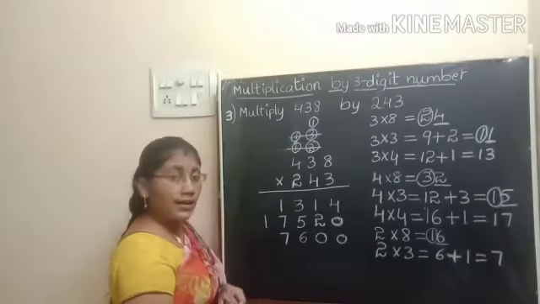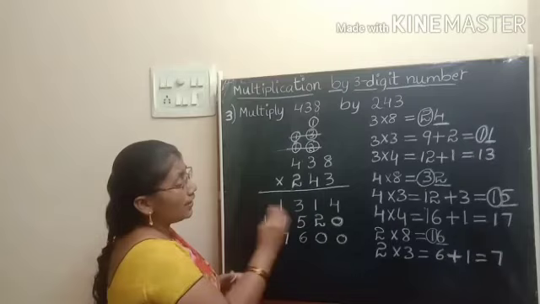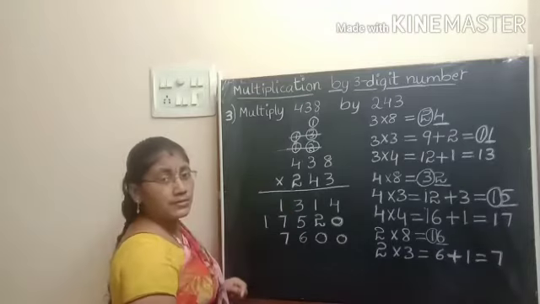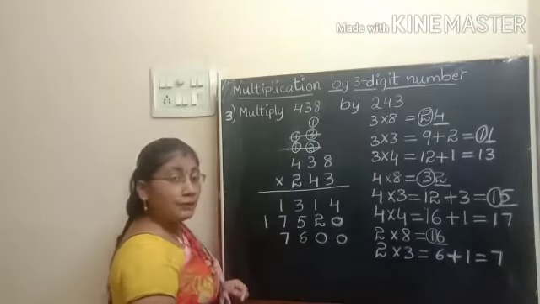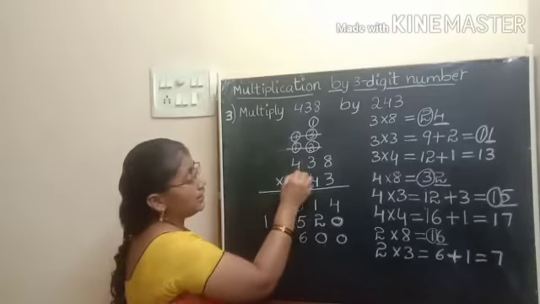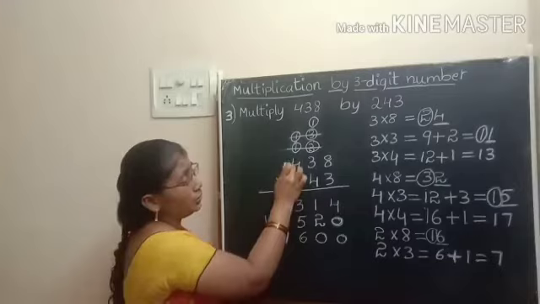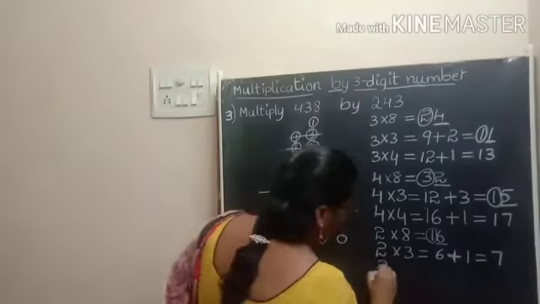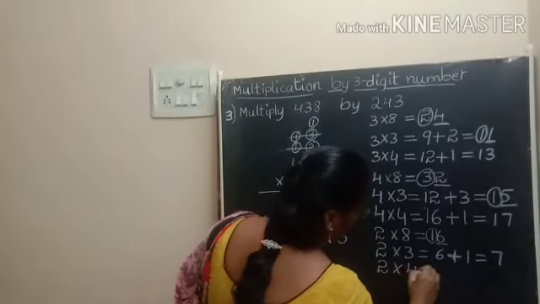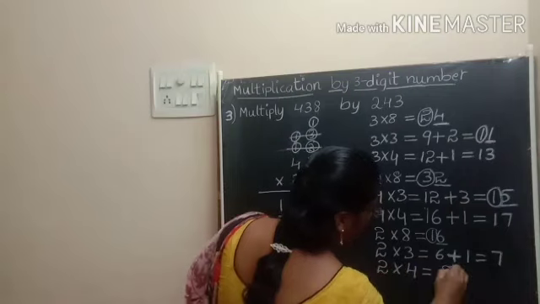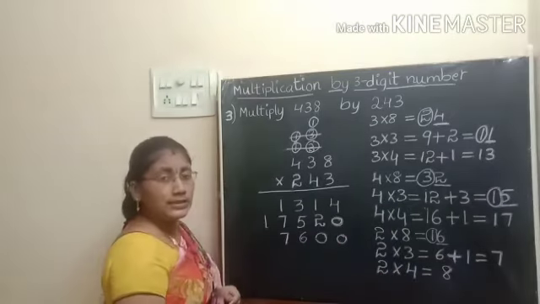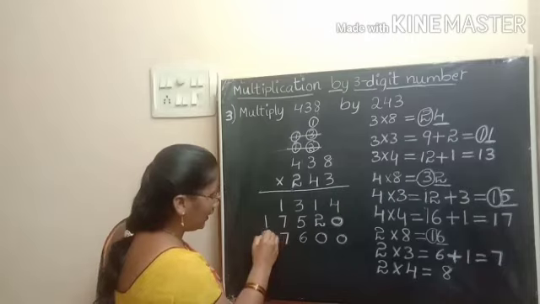There is no carry to pass to hundreds place. Now we have to multiply the digit in hundreds place. Okay. Then take 2 into 4. 2 4s are 8. We get only single digit number. So we can write it directly here.